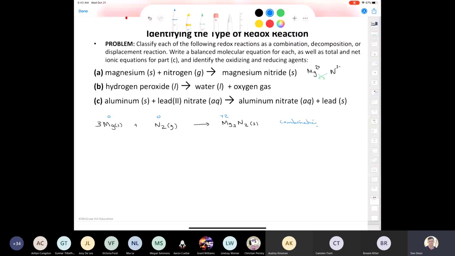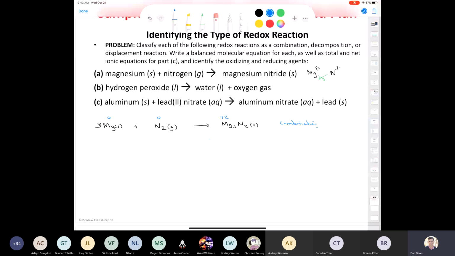For a non-metal, I can figure that out based off of the charge of my cation. I have +2 for my magnesium, and there's 3 of those, so that gives me a +6. That means my nitrogen overall has to have a charge of -6, and then I have 2 of them, so the oxidation number for the 2 nitrogens are both going to be -3.